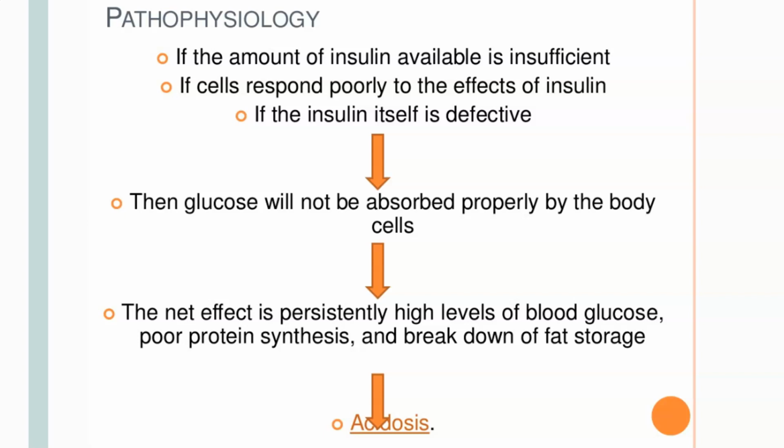And because there is self-starvation, your body is going to find ways. I mean, it is a negative feedback so that the body will try to attempt in achieving energy even without glucose. So what will happen is that there will be high levels of blood glucose but poor protein synthesis.